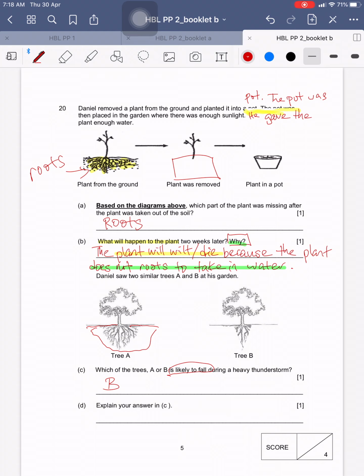Now part D, they ask you to explain. This is referring to 3B. 3B has lesser roots to hold it firmly to the ground.